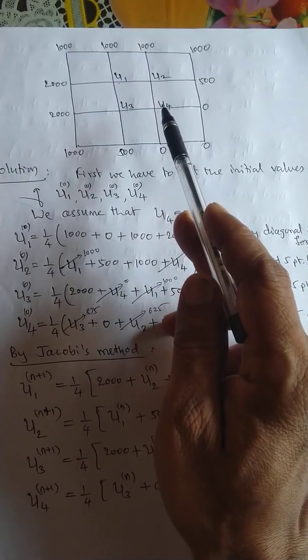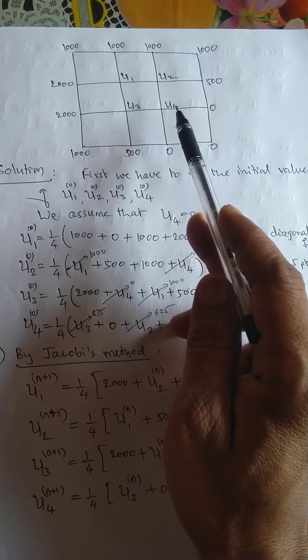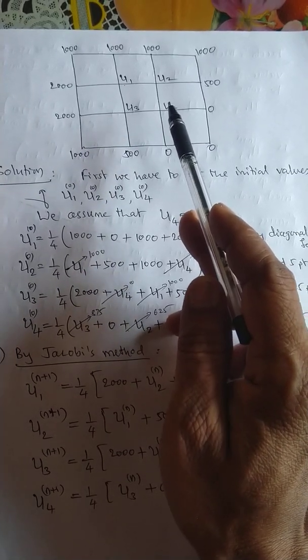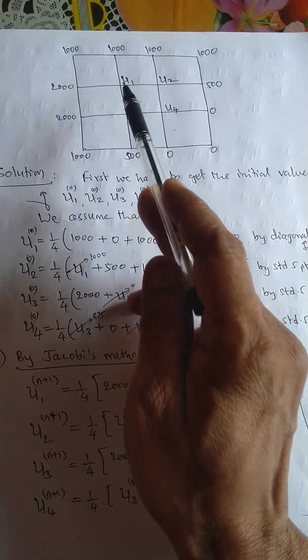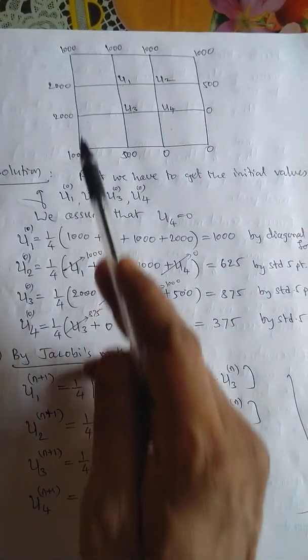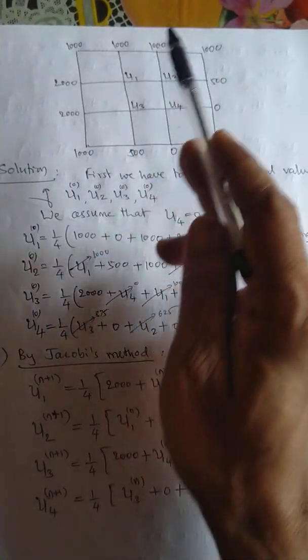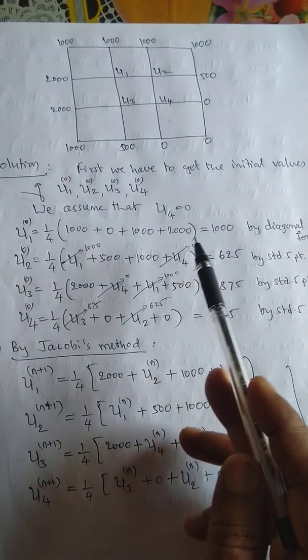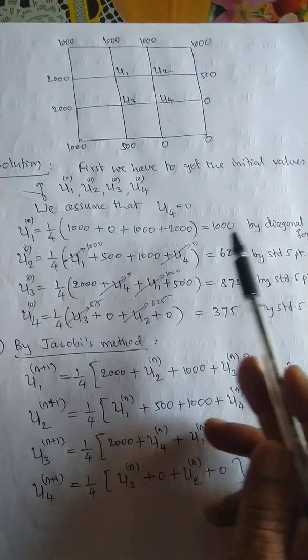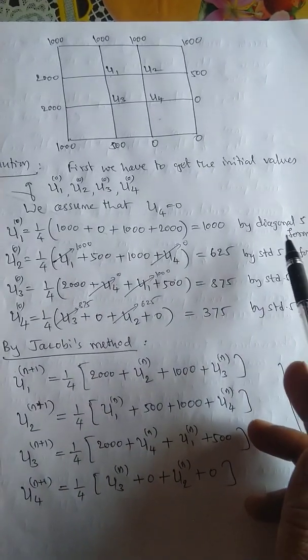By assuming U4 equal to 0, U1 naught is equal to 1 by 4 of 1000 plus 0 plus 2000 plus 1000, which is equal to 1000. This is by the diagonal 5-point formula.